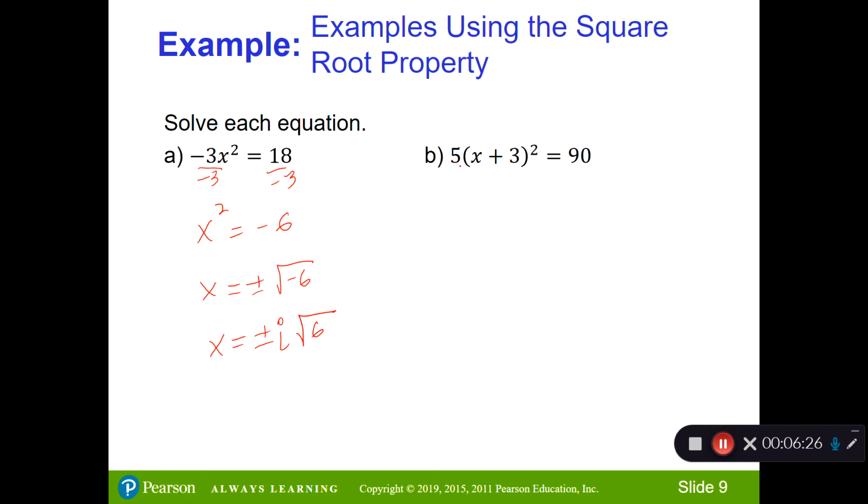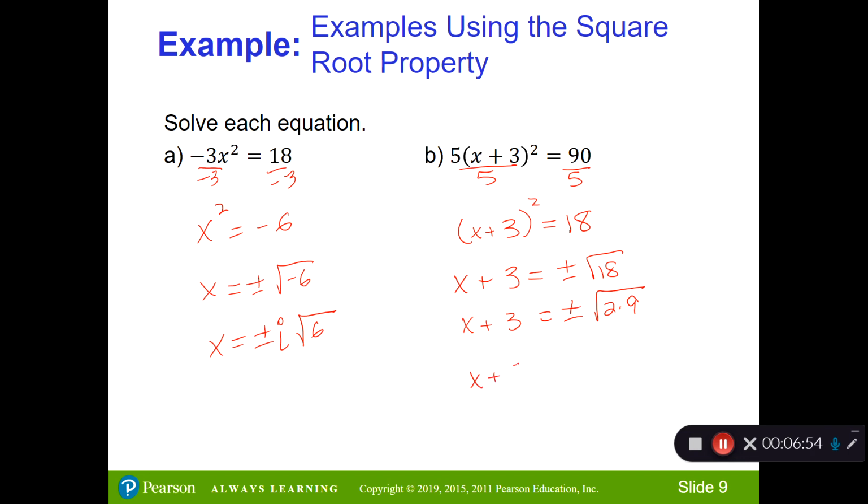Let's solve over here. The first thing I'm going to do is divide by 5. So I'd have x plus 3 squared equals, okay, that's going to be 18. Now square root both sides, and I'd have x plus 3 equals plus or minus the square root of 18. Now we know that the square root of 18 is the same thing as the square root of 9 times 2, and 9 is a perfect square, so I can take it out as a 3.